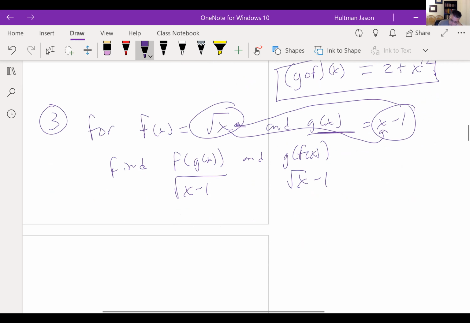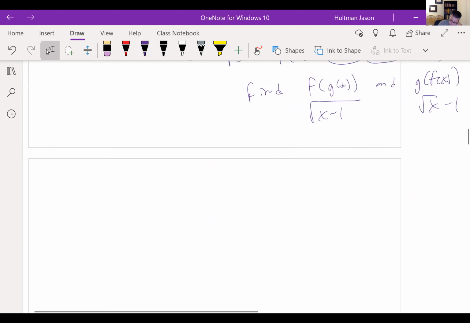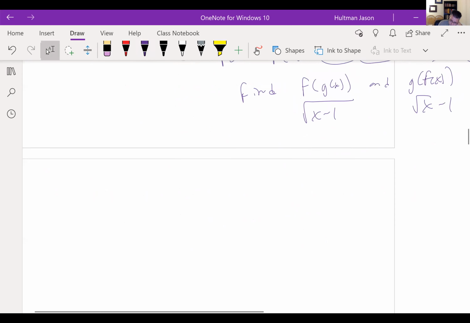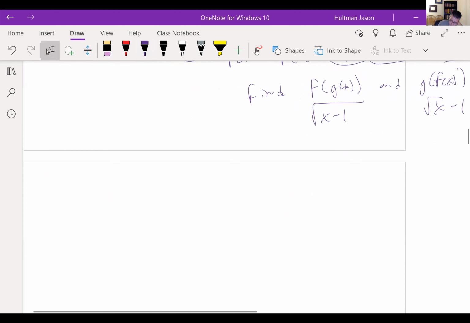Okay, let's do a real life example here with these. How many flavors are there in Skittles? 1, 2, 3, 4.